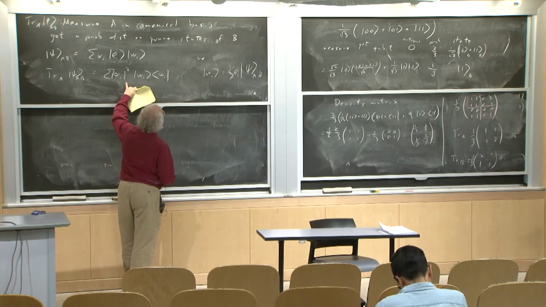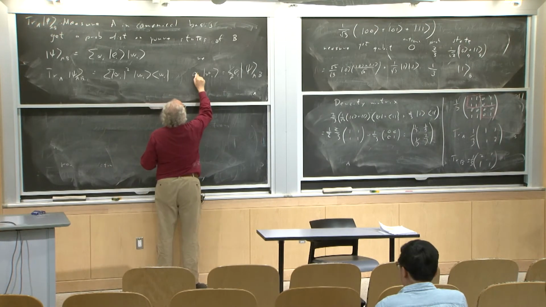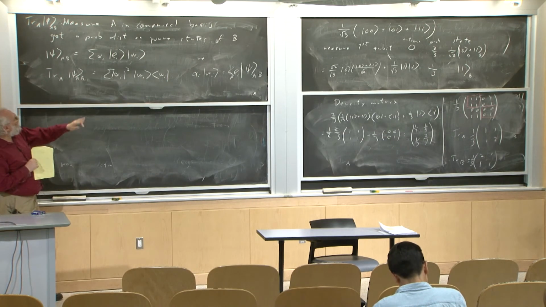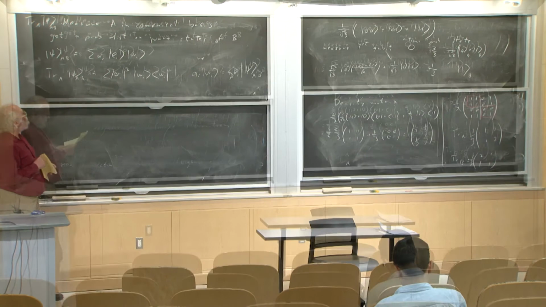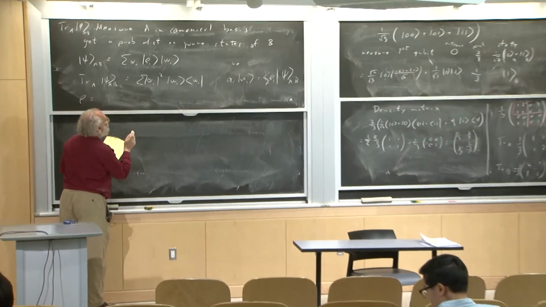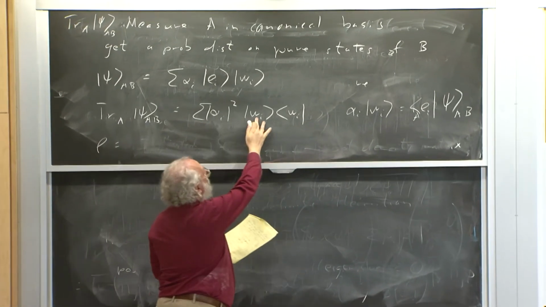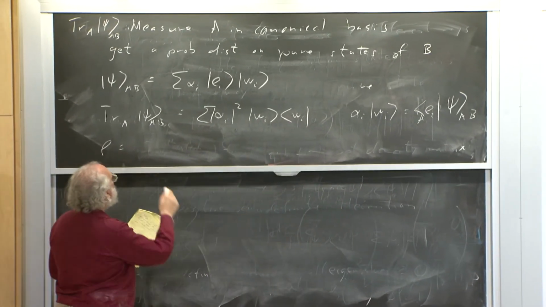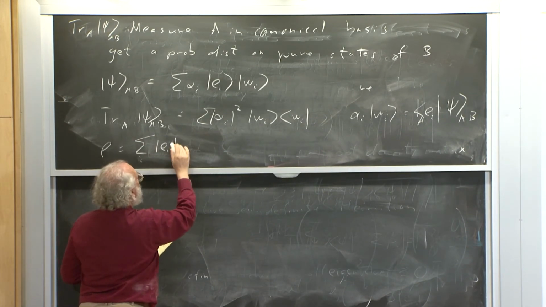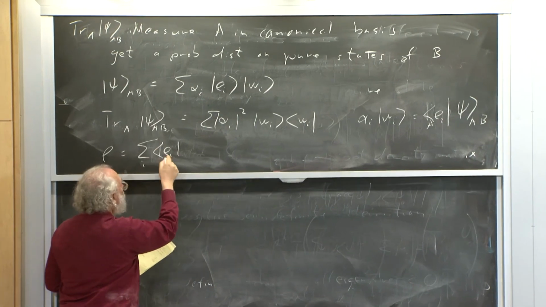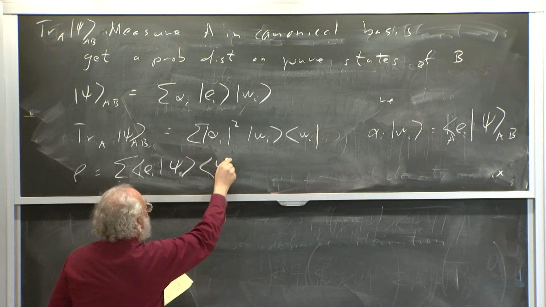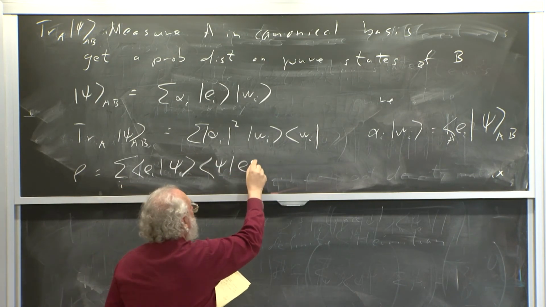Oh wait, no, I want to say alpha I W I is this inner product because it's not normalized. So rho is going to be equal to the summation of alpha I squared W I W I. I want to say this is the summation over I of E sub I bra, ket psi, bra psi, ket E sub I.